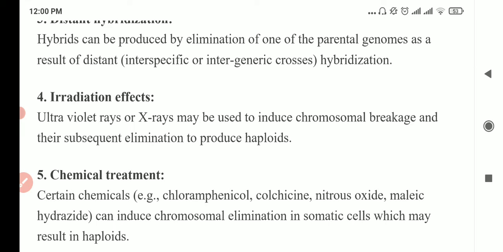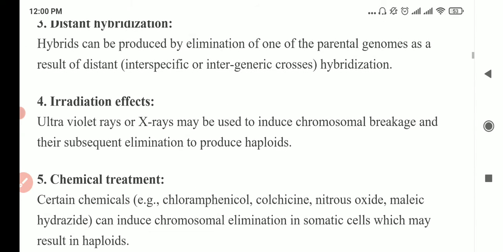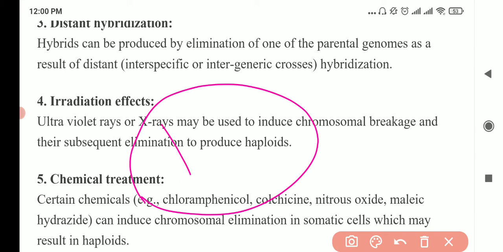Then irradiation effects. You can use ultraviolet rays or X-rays to induce chromosomes to break, and we eliminate those chromosomes and will produce haploids. Let's say this is a single set, this is another set.